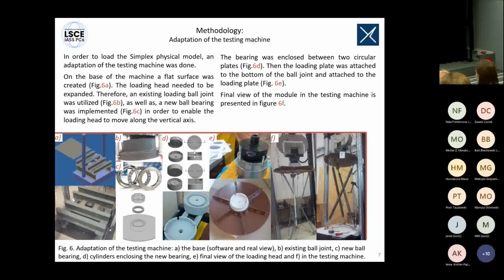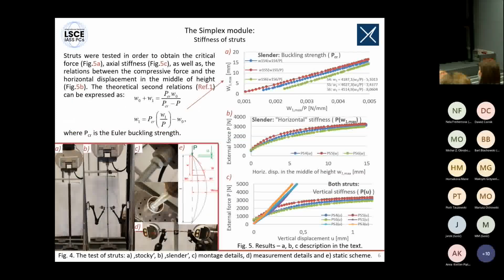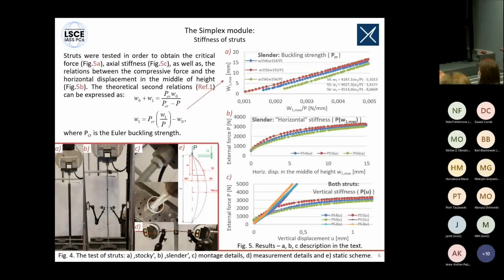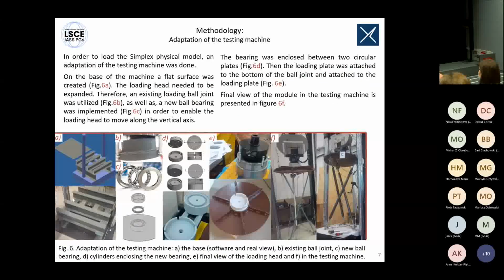But also because of the mechanism which I've told before, the infinitesimal mechanism, which was shown in here, so the rotation of the upper bases, we have to enable this plate to rotate along the vertical axis, the axis of the loading. Therefore, there was a ball bearing also bind, and it was implemented into 2 cylinders, as can be seen, and therefore the finished module and the loading head is shown in this picture.